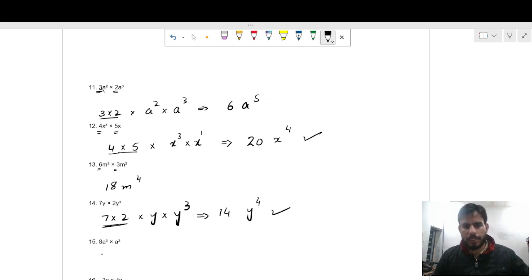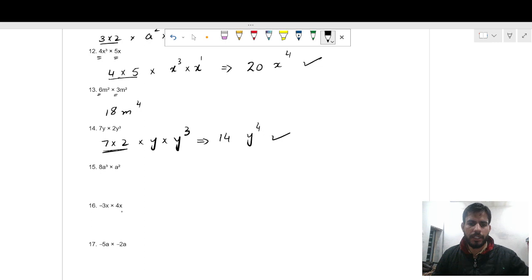Similarly, in the next question, if you will see 8 times a cubed, there is no number written over here, there is no coefficient of a squared, which means that the coefficient is invisible 1, so 8 times 1 is 8, and a cubed times a squared is equal to, same base, we add the powers, a to the power of 5, so our final answer will be 8a to the power of 5.